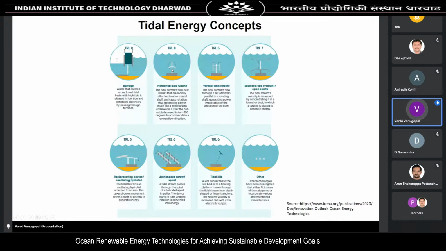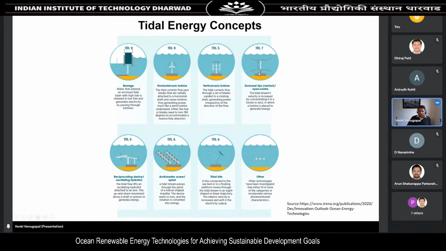It's a 3-bladed turbine, and it is fixed on a monopile immersed underwater. This is horizontal axis, which means it rotates about a horizontal axis. And in this case, it is a vertical axis turbine, and it would again have 3 or more blades.